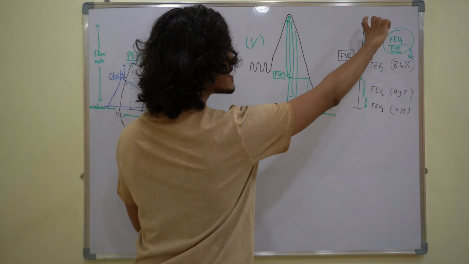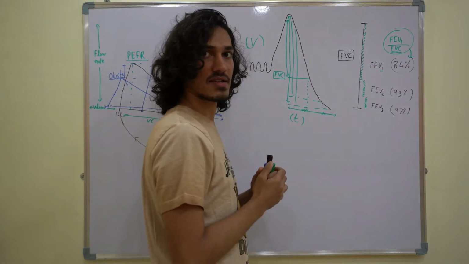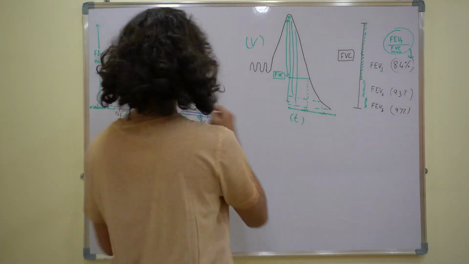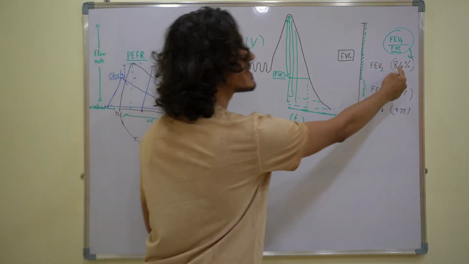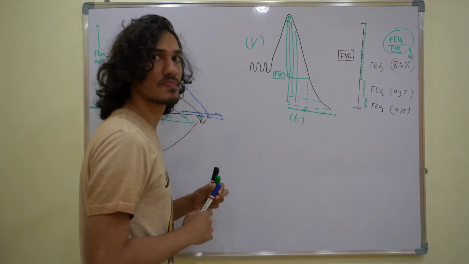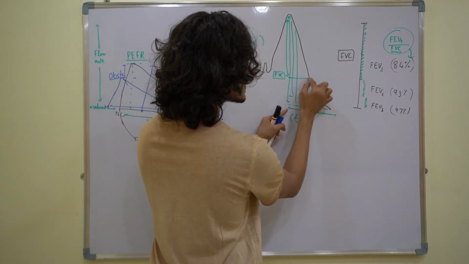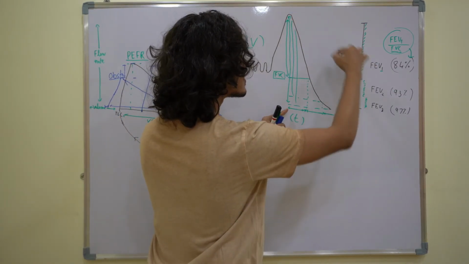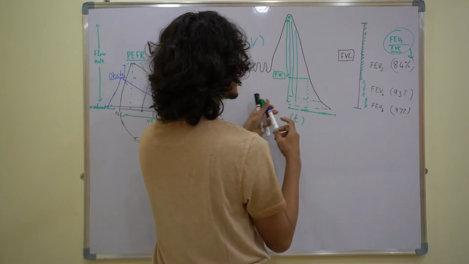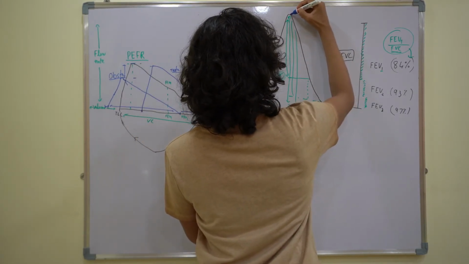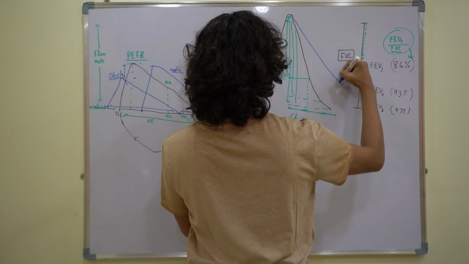Initial FEV1 is normally 84%. But because the flow rate is reduced, it won't be 84%, it will be lesser. So in the first second, if it was here, now this graph would go more outside. That means the graph would be like this.